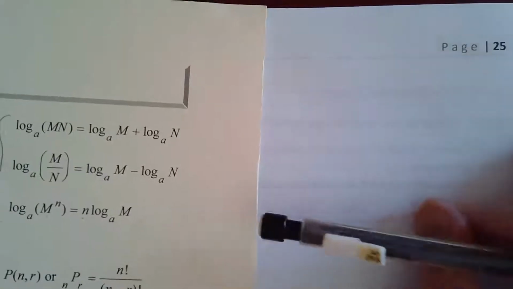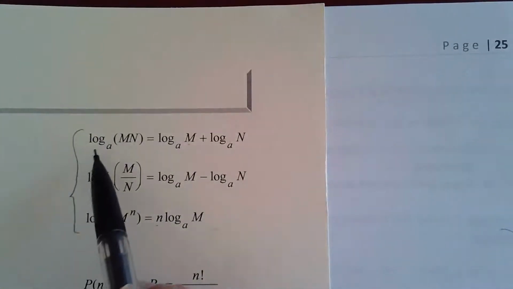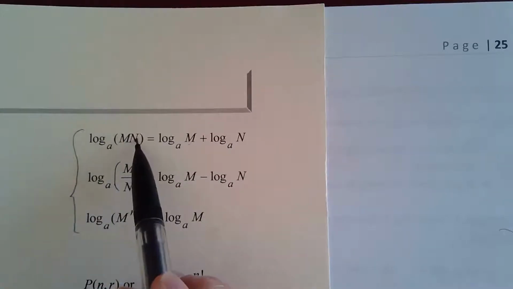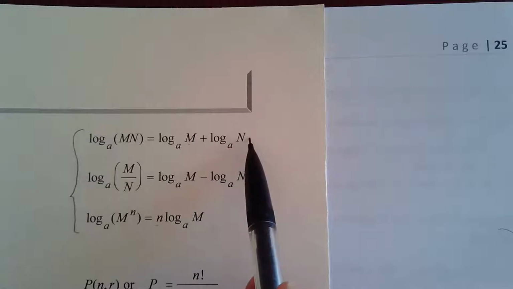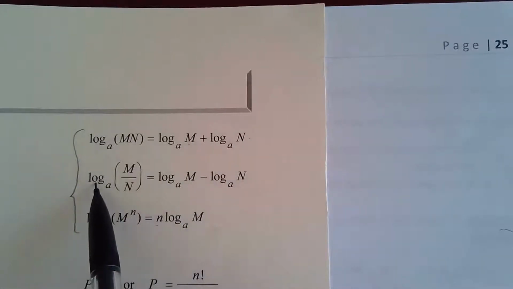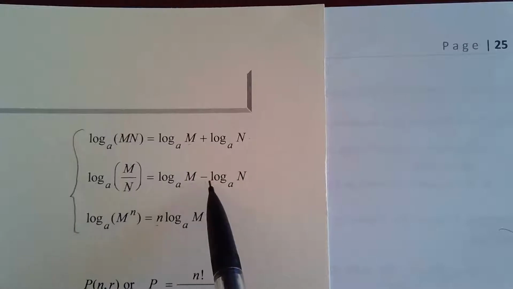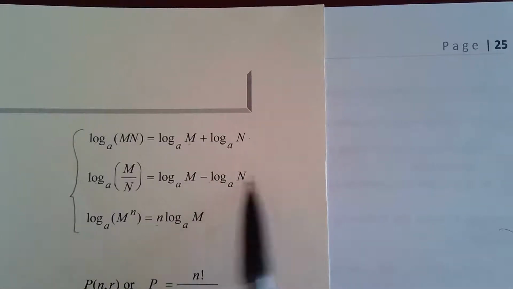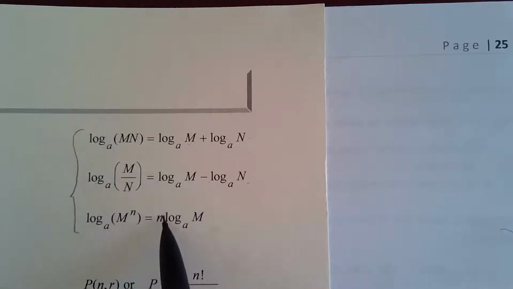Okay. So if you want to refresh our memory on the logarithm rules: logarithm of m times n is equal to log of m plus log of n. Log of m divided by n is log of m minus log of n. And then log of m to the exponent n is equal to n times log of m.